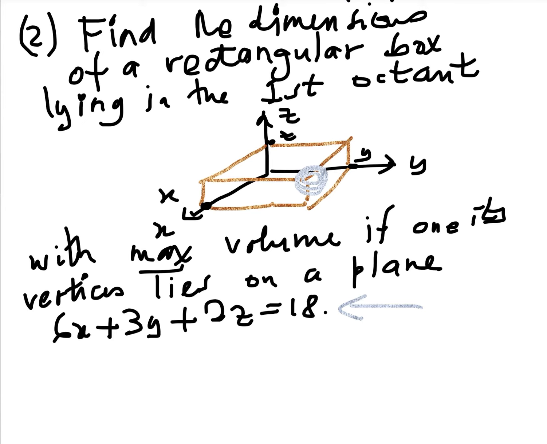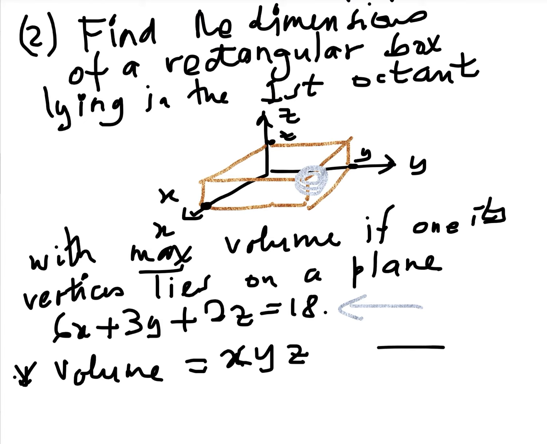Then it's clear that the volume will be equal to length times breadth times height. The length is x, the breadth is y, and the height of this box is z. We want to maximize this function.